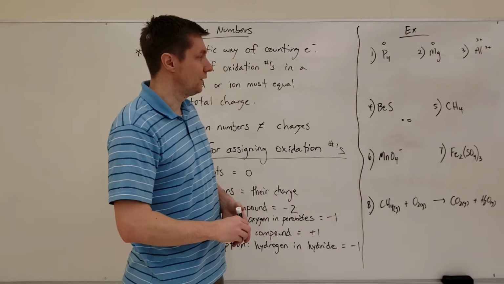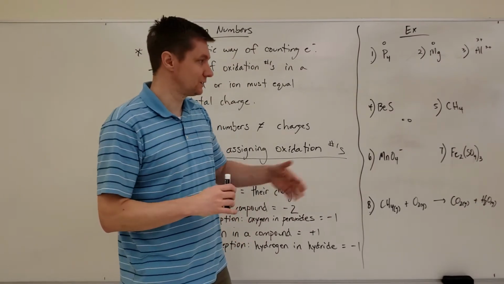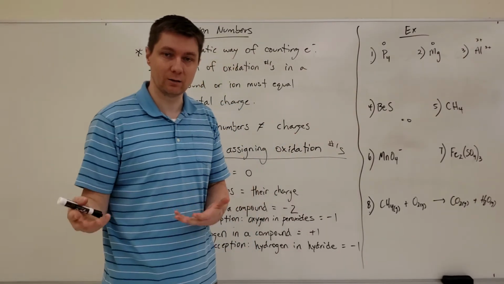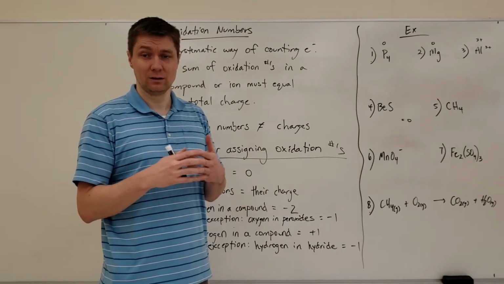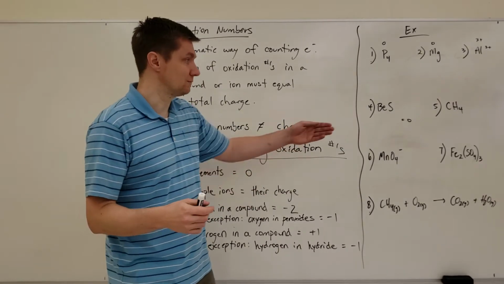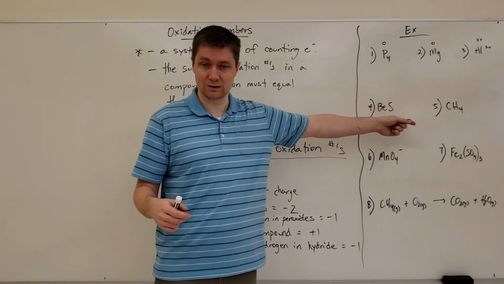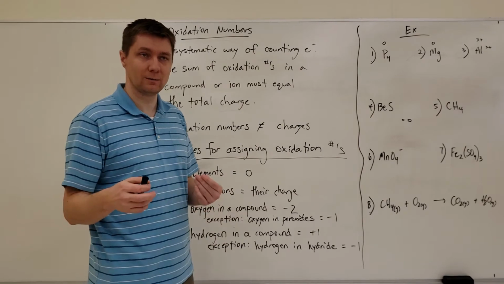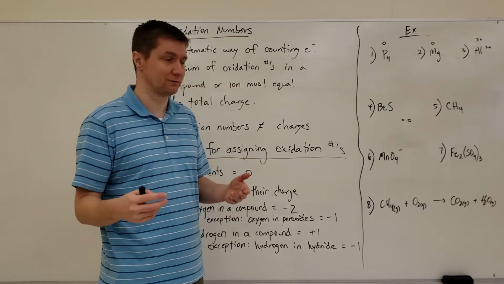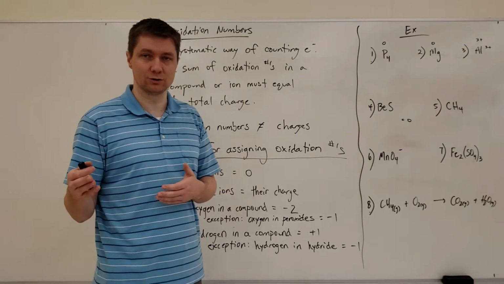And this one is nice because this is, as you can see, an ionic compound. And ionic compounds are simply made of ions, right? This is made of a beryllium ion and a sulfide ion. Now, if you look in your periodic table, beryllium has a charge of 2+, and sulfur has a charge of 2-.